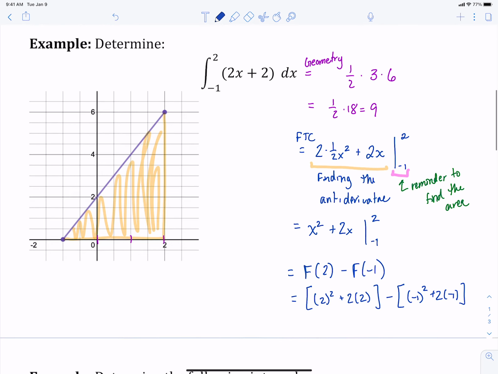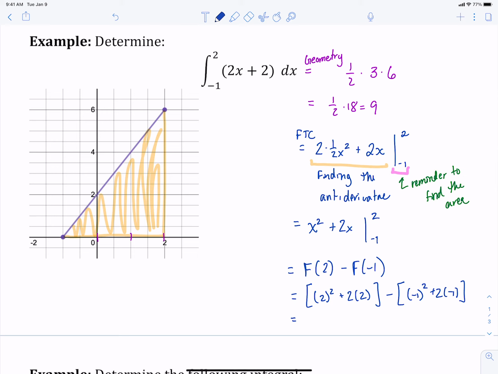And what do we get? We get 4 plus 4 minus 1 minus 2, so we're going to get 8 minus negative 1, which is 9, which is exactly what we got with our area formula, so we got the same thing.